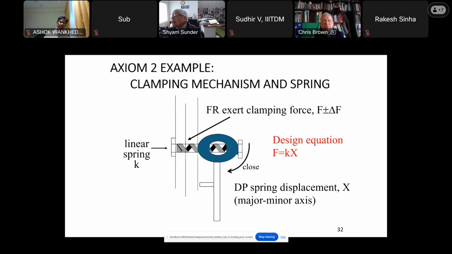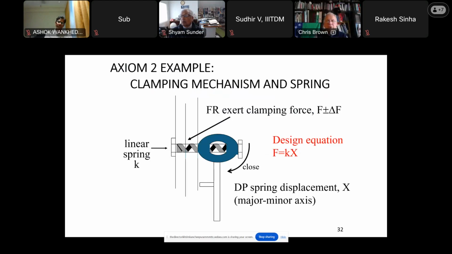I've tried to do a rather abstract physical representation of a clamp and showing how it moves. And we're going to now look at the problem of selecting the spring and exerting the right clamping force. So our FR is to exert a clamping force, and the DP is going to be a spring displacement X.